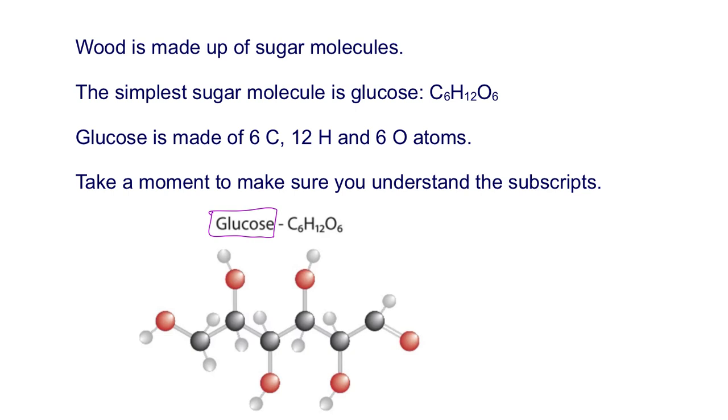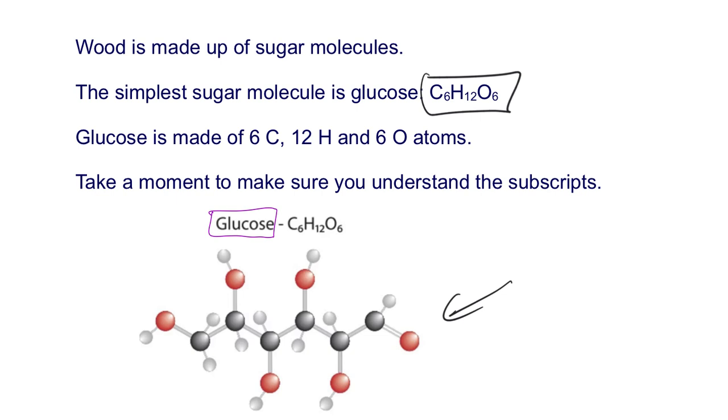Okay, here we have an example of glucose, or simple sugar. C6H12O6 is the chemical formula. And right here, with the balls and sticks connecting them, that's the structural formula.